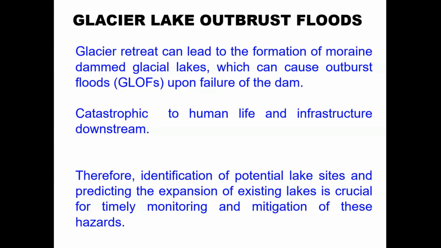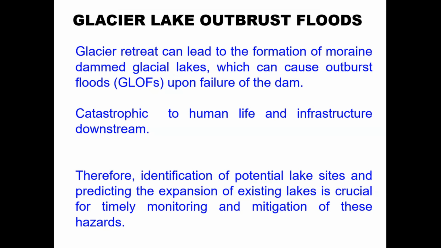What happens is, we already know due to climate change, glaciers are retreating, and the retreating glaciers can lead to the formation of moraine dam lakes, which can burst and cause outburst floods due to failure of the dam. This can significantly affect human life and infrastructure downstream.